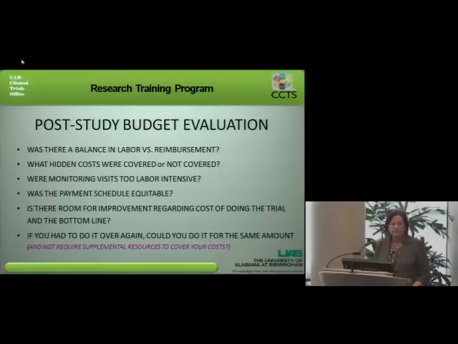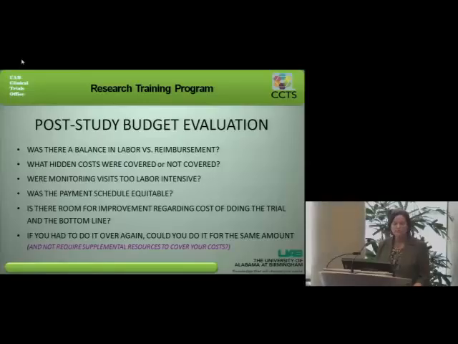At the end of the study, there's some evaluation that you can perform. Did you end up with a balance in the labor versus reimbursement, or was there a deficit? Were there hidden costs that were uncovered during the course of the study that were covered, or maybe they weren't covered?